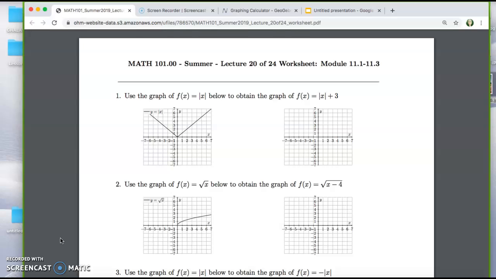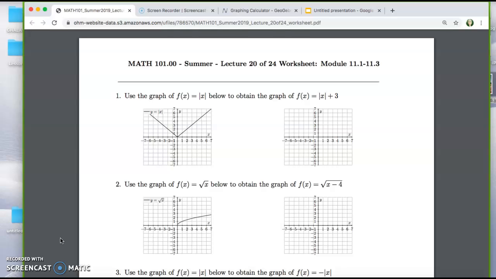So first they give us the original graph of absolute value of x, and then they want us to use this first graph to graph the new transformation, which is the absolute value of x plus 3. So we're transforming the absolute value of x into the absolute value of x plus 3. Let's take a look to see how we're going to do that.